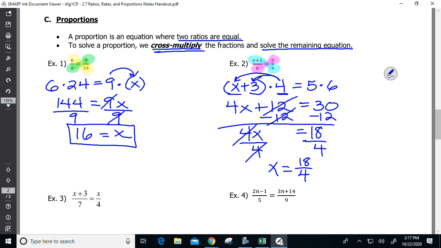18 over 4, can that be reduced? No. I don't know is okay. So, can we divide something out? So it's 4.5, but what if I want to leave that as a fraction?